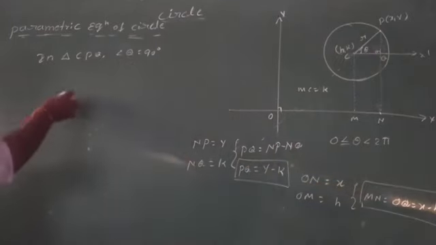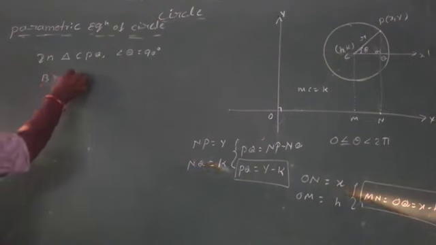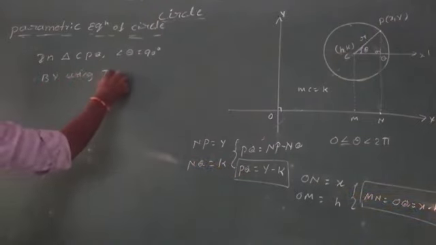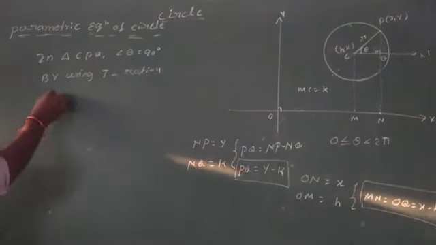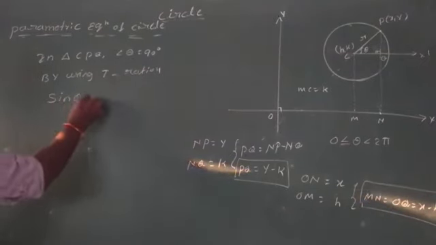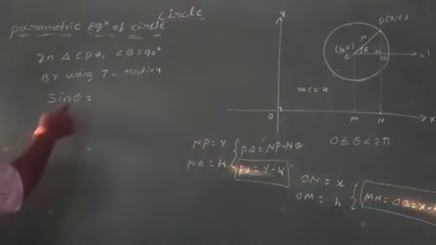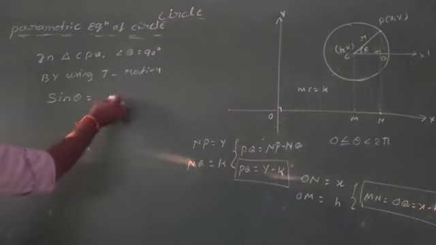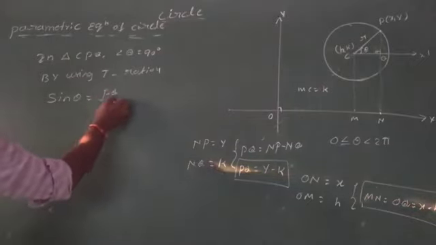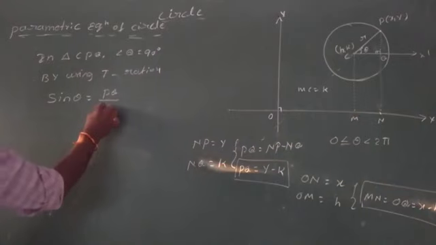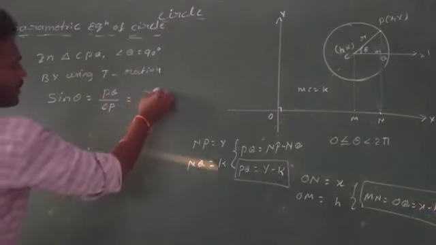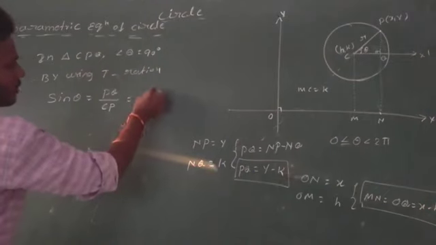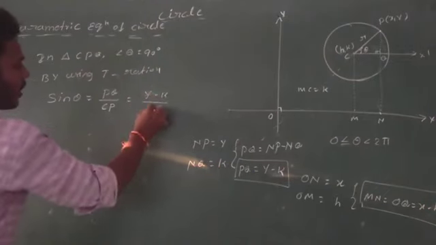By using trigonometric ratios, generally sine and cos ratios. Sine theta is opposite by hypotenuse: the side opposite angle C is PQ, divided by CP. That is, PQ, which is y minus k, by r.